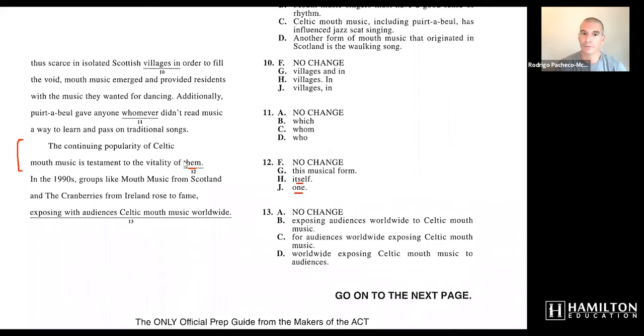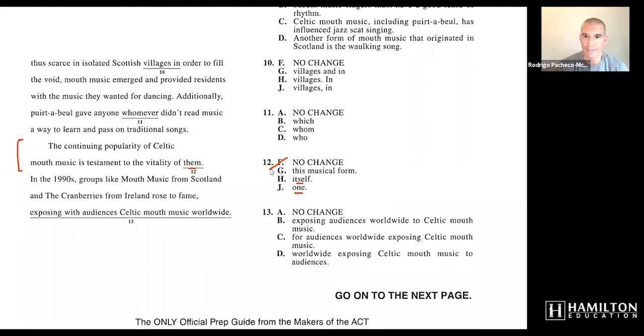We probably don't want to use pronouns because it might be unclear what those pronouns are referring to. So looking at the sentence for context, the continuing popularity of Celtic mouth music is testament to the vitality of them. So here, them doesn't make sense. There's nothing plural in the sentence to which this pronoun could be referring.